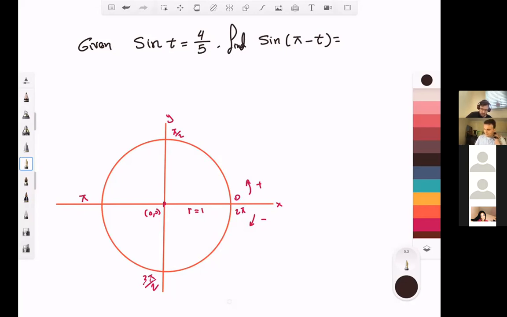Let's make it multiple choice for you guys. Is that A, 4/5? B, negative 4/5? C, 5/4? D, negative 5/4?